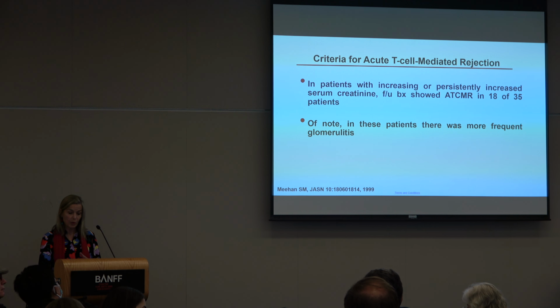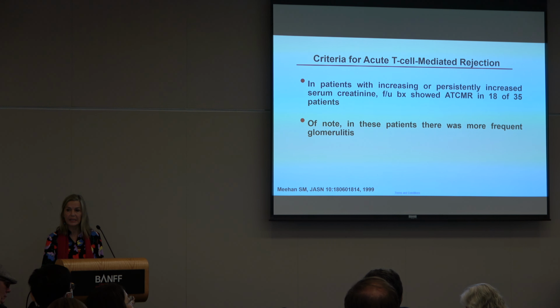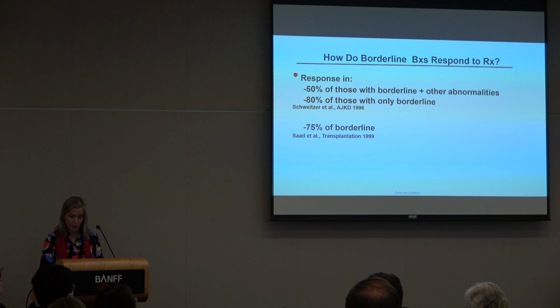These patients also had more frequent glomerulitis, so then we get into the conundrum. What exactly was that back in 1999? Probably they'd had some antibody-mediated rejection. I'll show you additional data in a few minutes that the borderline category is heterogeneous, and it doesn't just have T cells going on in it. It has things stirring up antibody-mediated processes too.